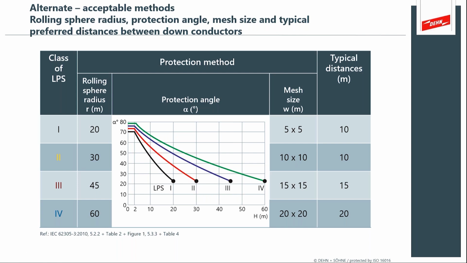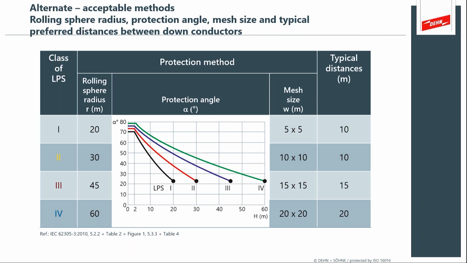And so this is a nice slide because at DEHN, we do a lot with rolling sphere calculations, but there are other methods that are very effective, including a mesh, where you simply lay a mesh of conductors and air terminals over your structure, and you can get a very effective lightning protection solution for your structure.